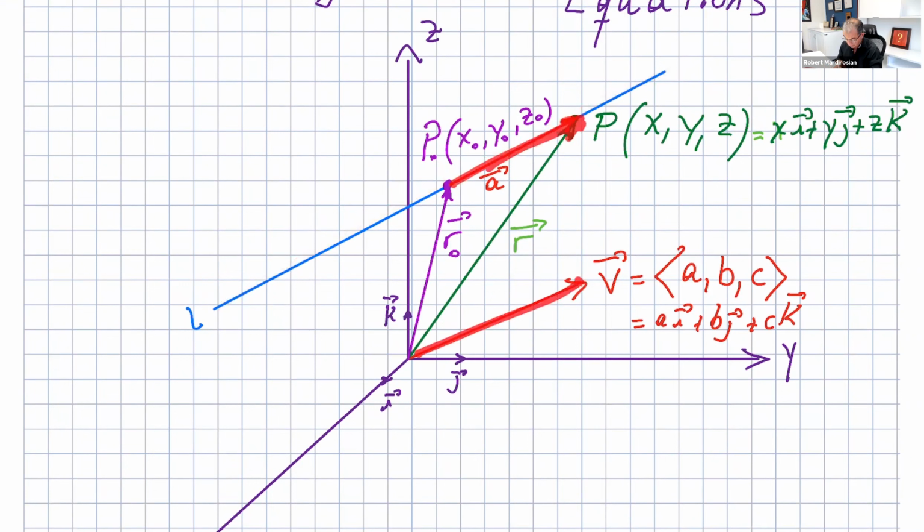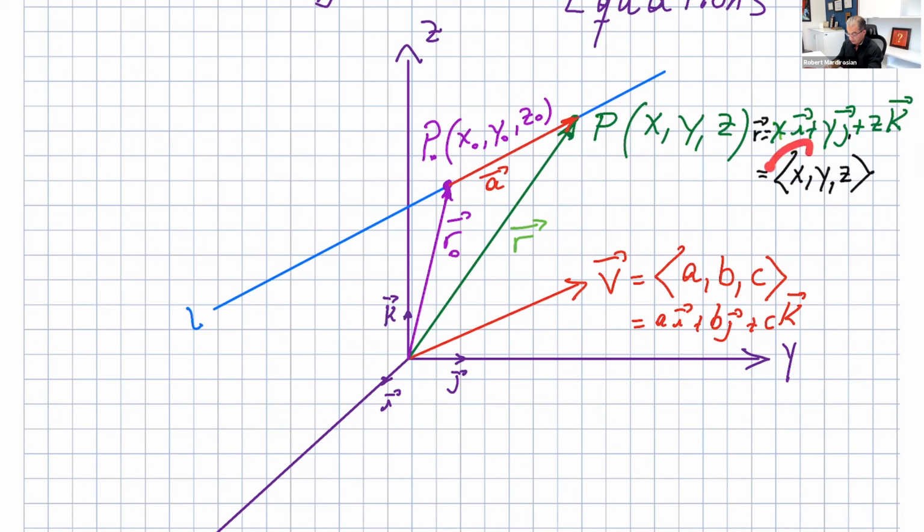This is V, which is parallel to A. The coordinates of point P are X, Y, Z, and the vector R can be written as Xi plus Yj plus Zk, just another notation, or you can say this is just X, Y, Z. So please be careful: in vector notation, these are components.